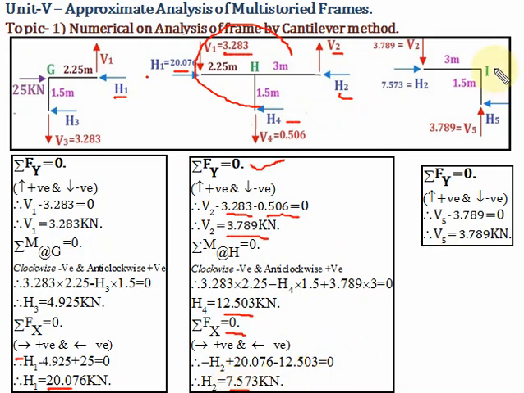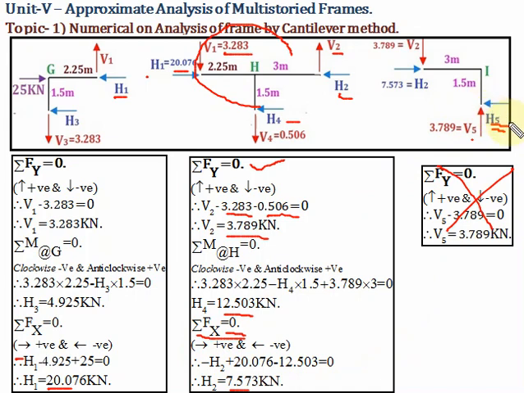Now we'll consider the free body diagram of joint I. Here only one unknown is there. V5 is known to us, so the only unknown is H5. To find H5 you have to apply summation Fx equal to 0.